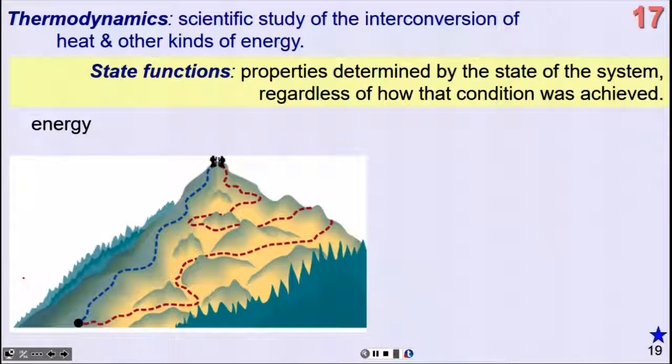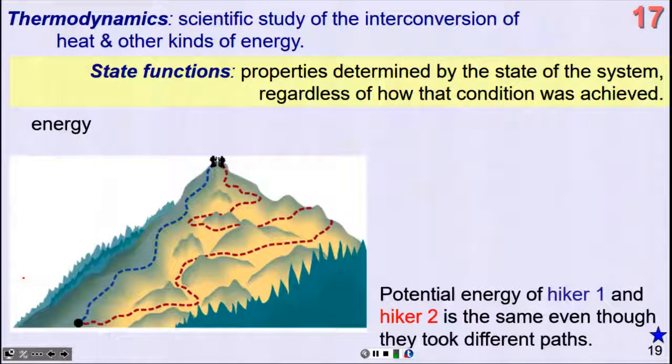And the stereotypical example is to think about the energy it takes to get from the bottom of the mountain up to the top of the mountain. Well, you got two different hikers here. One took the blue path, one took the red path, and obviously the blue path hiker was going a shorter distance, but man, oh man, they're probably huffing and puffing when they got to the top.